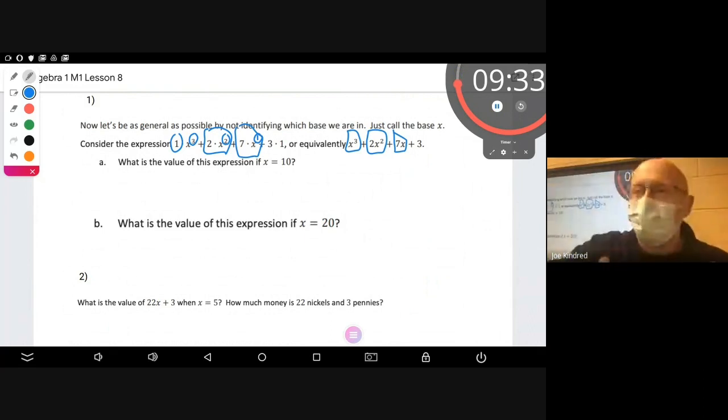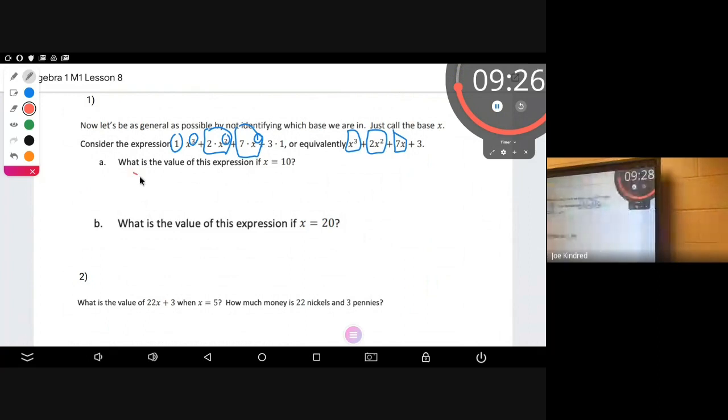So in our first activity, we're going to actually substitute 10 in for x to see what value we come up with. And so our first action is just simply to take the expression with x squared and x cubed. I'm going to rewrite it.